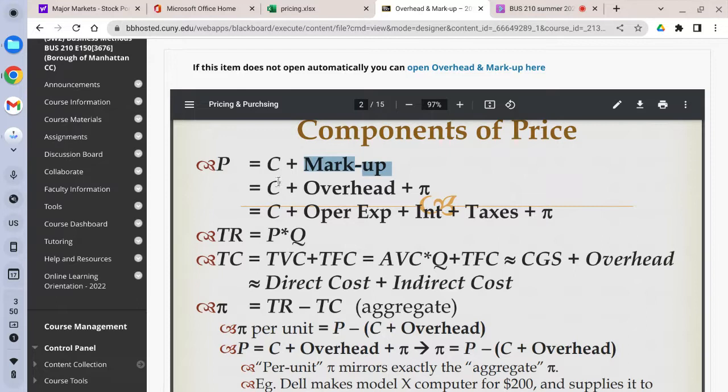So when the retailer sells it to you, they sell it for $300, and to the retailer, $200 is their cost per unit, and the rest of it is the markup. And then the markup breaks down into overhead and profit. So what is the overhead? Overhead is operating expenses per unit, interest per unit, and taxes per unit.